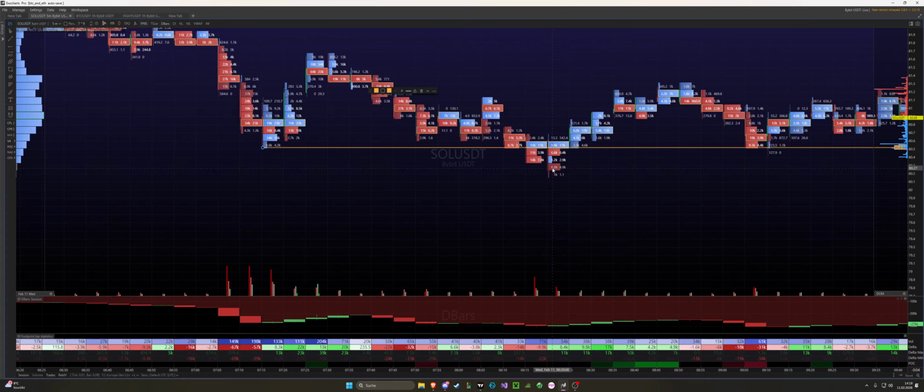Putting this into perspective, in the first move down, in this candle we had 17k, 24k, 18k, 23k, 34k sellers, which is a lot. Then in the next candle, some buyers came in, like 23k, 8.4k, 16k, but we still had quite strong selling with 19k, 16k, 14k.